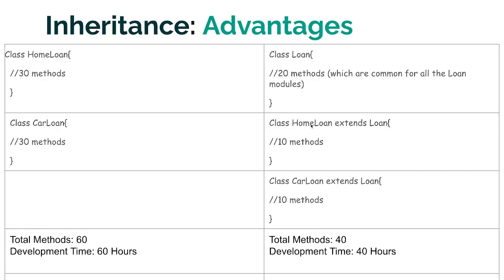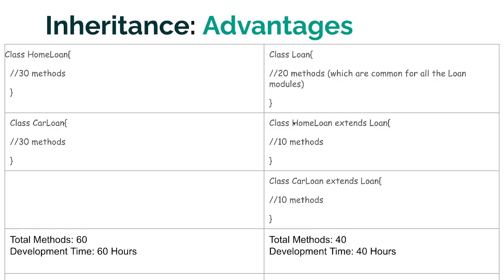Now, if you consider this class loan as a parent, we can develop the inheritance relationship between home loan and car loan. We can say class home loan, then use the extend keyword with the loan class.